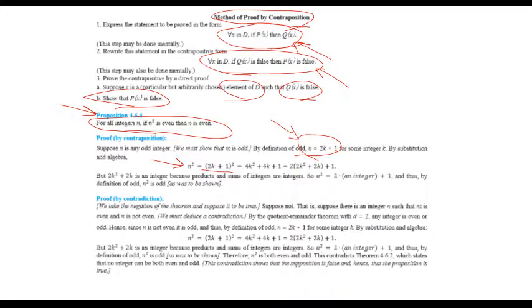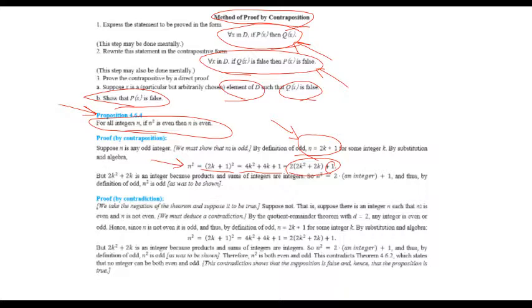And if you do basic algebra, you'll get 4k squared plus 4k plus 1. If you put 1 aside, you can factor 2 from the other two elements of this summation. So it's going to be 2 times (2k squared plus 2k) plus 1, right?